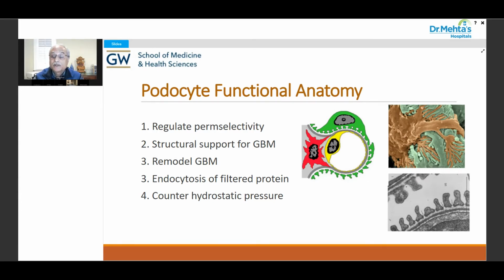Whatever filtrate comes out of the capillary, and a lot of proteins are also filtered, they're all picked up by the podocytes and then brought back to the amino acid pool within the body. And as I mentioned, they are extremely important to resist the mechanical pressure within the capillary lumen and maintain its shape as well.